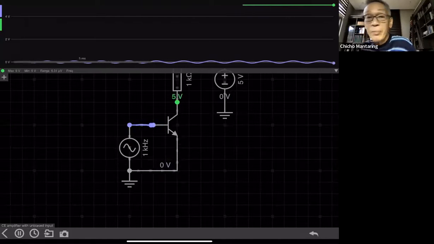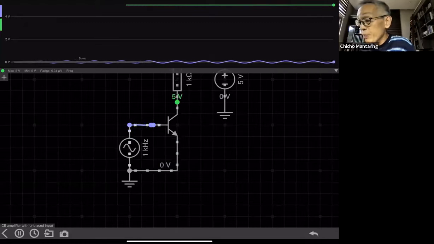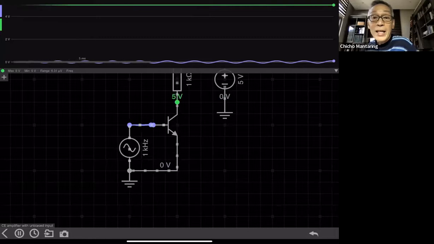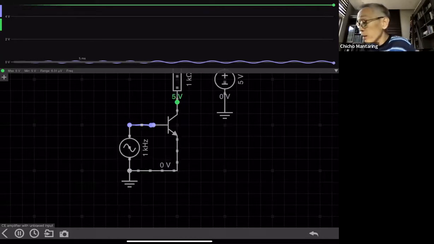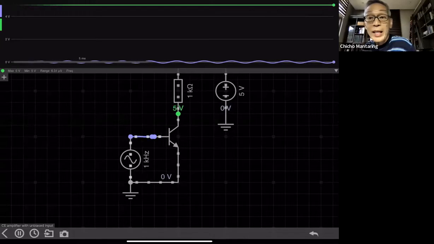Okay, because the scale changed, no, because it now has to show 5 volts. Yung 200 millivolt peak to peak, yung purple line, halos di mo na makita, no, kasi masyado nang maliit yung 0.2 volts. But notice that now my output, no, which is this point, will always stay at 5 volts. It's equal to VCC.